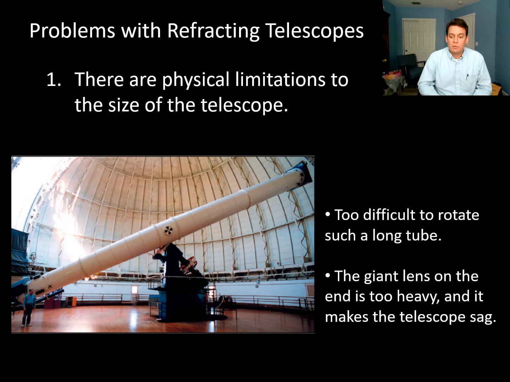And so just practically, there really are limitations, and the Yerkes telescope basically gets to that point. Anything bigger would be so expensive and so difficult to manage that it just becomes impractical.